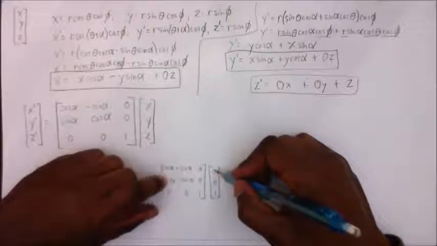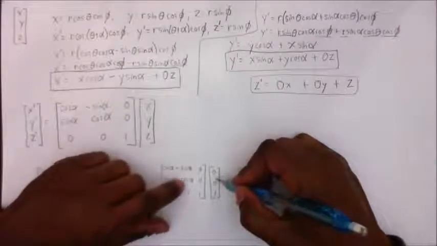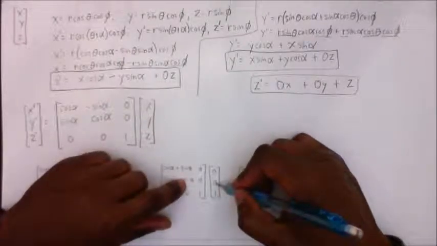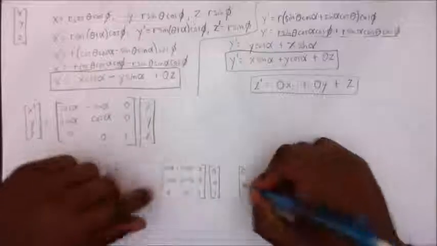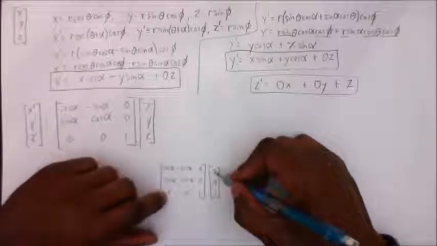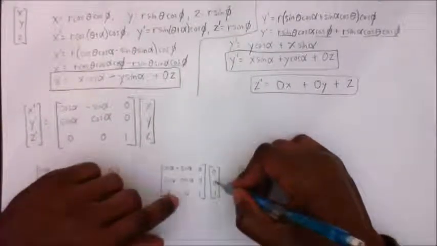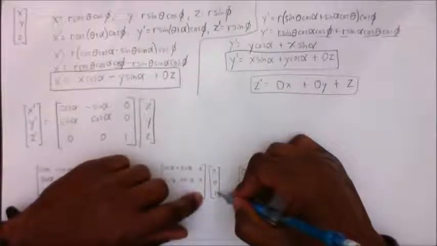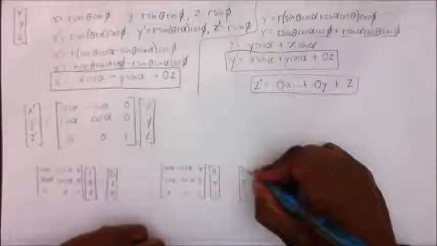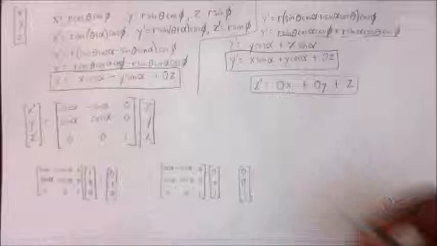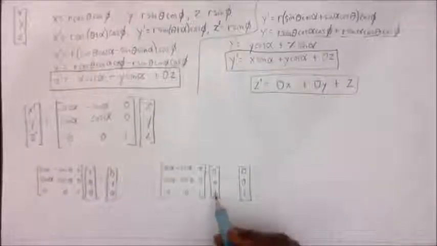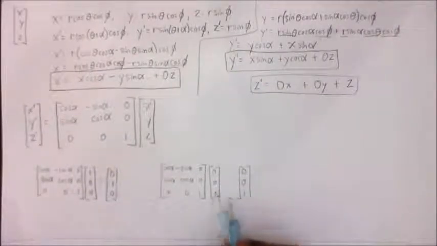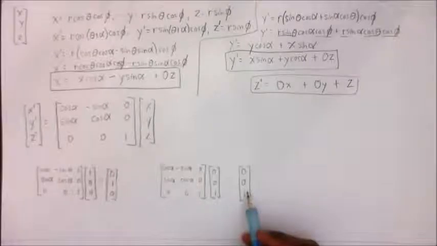Sine of 90, that's 1 times 0 is 0, plus 0 times 0 is 0, plus 0 times 1 is 0. Add them up, we still get 0. Again, we got 0 times 0, 0 times 0, 1 times 1. Add them up, we get 1. Now what is interesting about this one is that we started with that vector and we ended up with the same vector. So exactly what happened there?